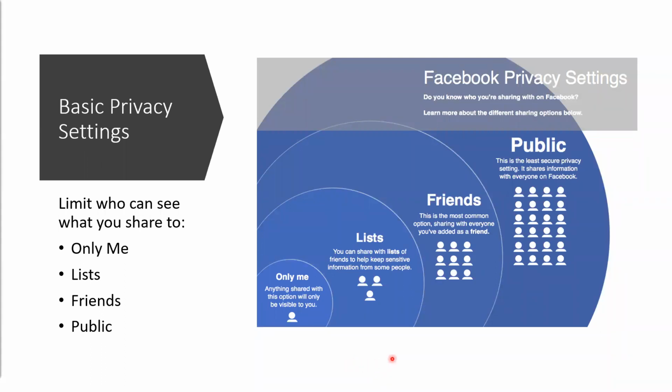You can share with lists of friends to help keep sensitive information from some people. So if you're planning a party for a group of folks at your job who are retiring this year and you want to share it with everyone but those 4 or 5 people, it might be great to make a list of all the people you work with except those 4 people.